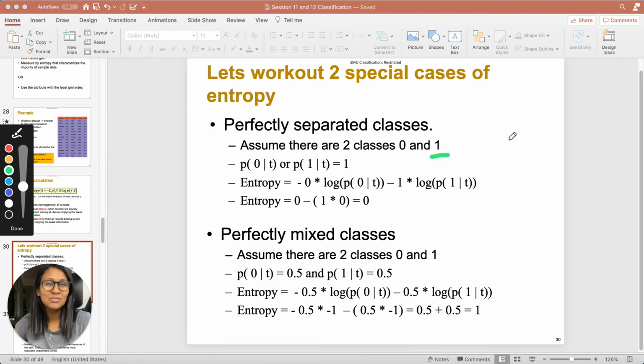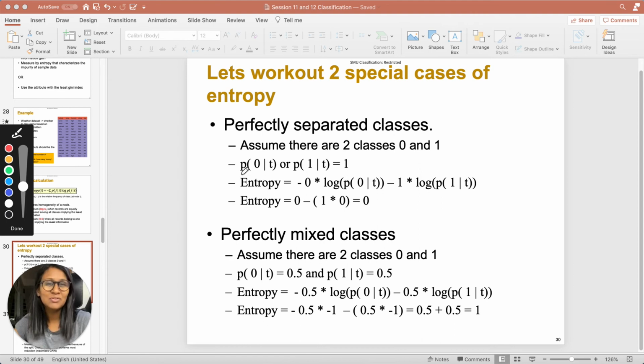In the example that I've worked out, the two values of the class variable in the outcome attribute are 0 and 1. Let's assume that. So either the node has all zeros or it has all ones. When you calculate the proportion of zeros, it's going to be 1.